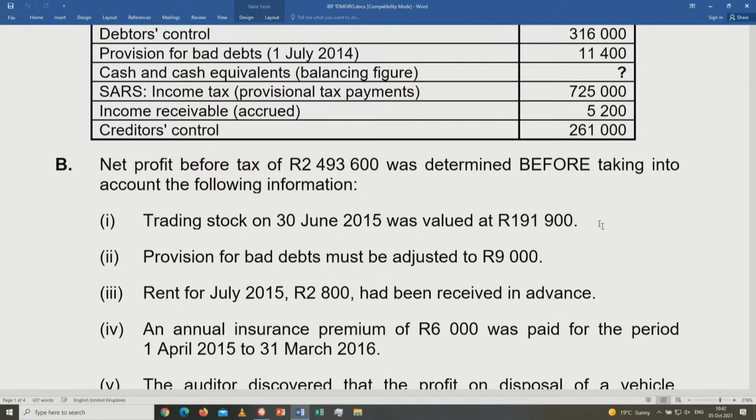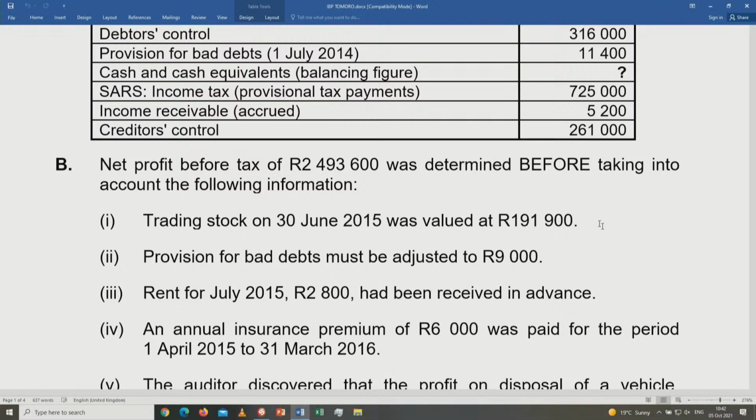And then any expense that we have prepaid, we subtract, and then any expense that we still have to pay, that will be accrued expense we are supposed to add on the face of our income statement.